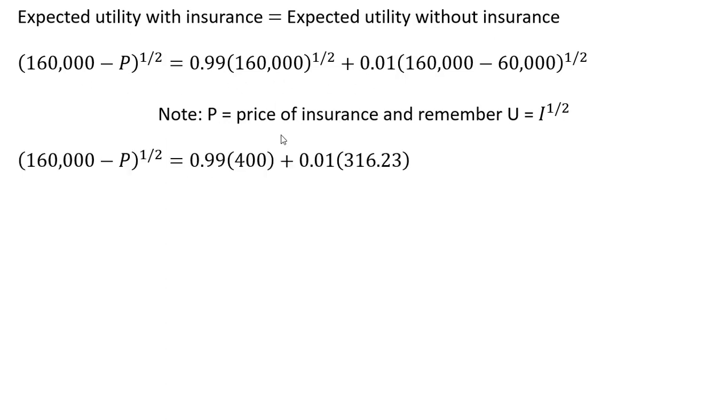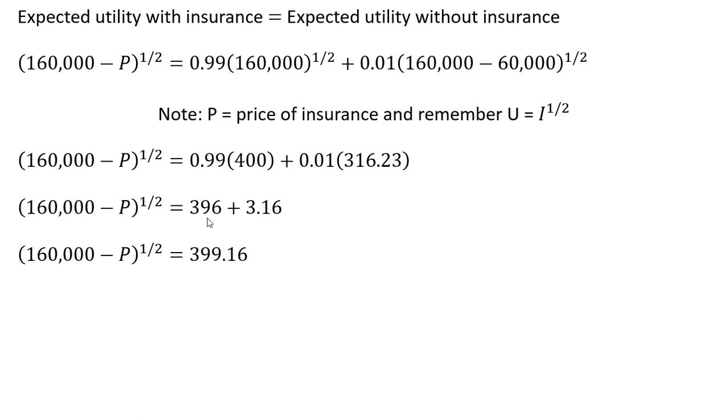So simplifying, the square root of 160,000 is 400. The square root of 100,000, right here, this is going to be 100,000, is 316.23. Multiplying 0.99 times 400 and multiplying 0.01 times 316.23, we get the following.